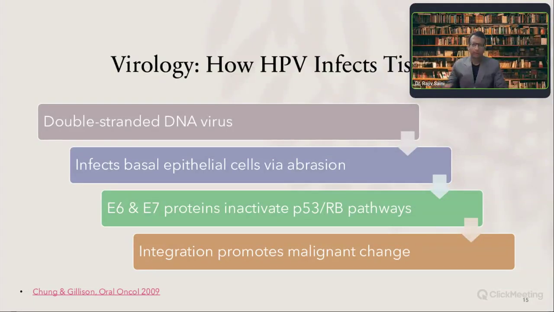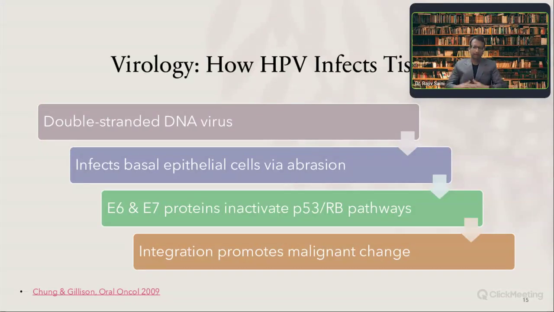Now, human papillomavirus infects the basal layer of the oral epithelium through tiny breaks in the mucosal surface. In high-risk HPV types, the virus produces proteins called E6 and E7 that interfere with the body's natural cancer control mechanism.